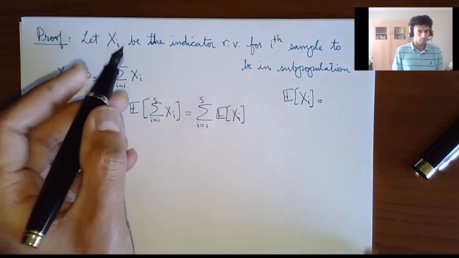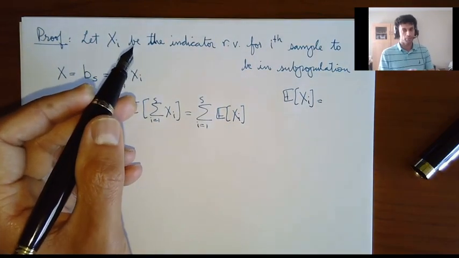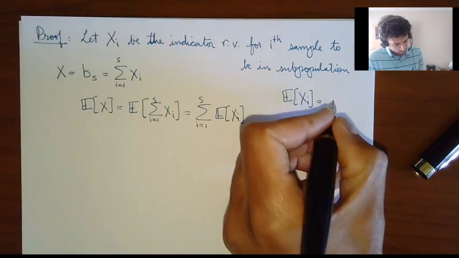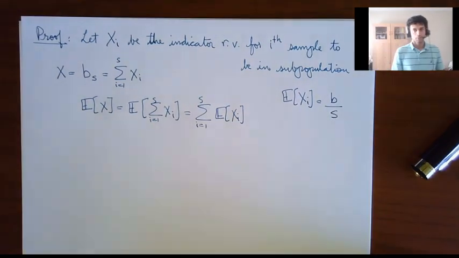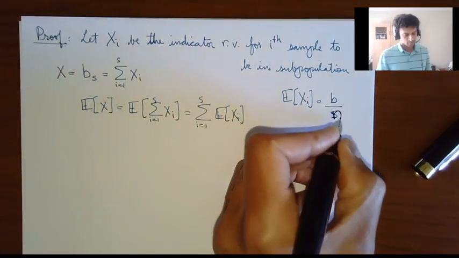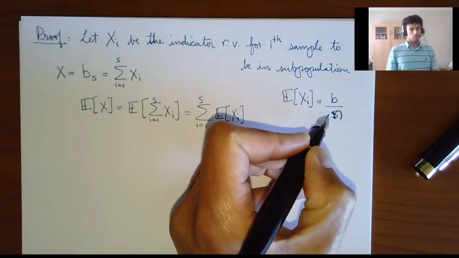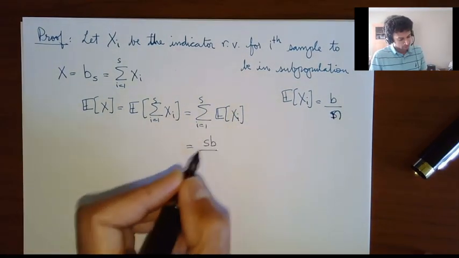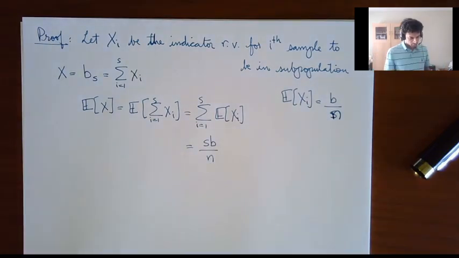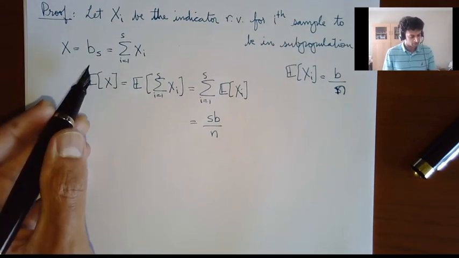This is exactly the probability that the ith person was in your subpopulation. But you're sampling uniformly at random, so this is exactly equal to B divided by N, the subpopulation size over the total. So by linearity of expectation, you get SB divided by N. This is the expected value of B sub S.